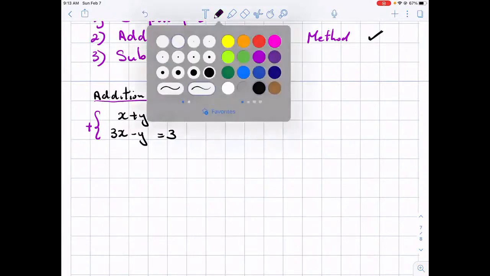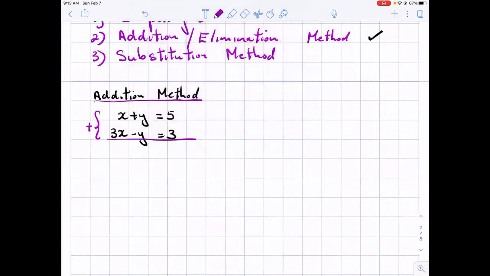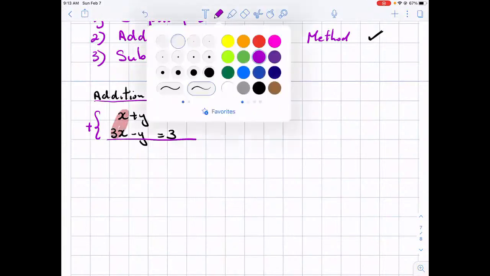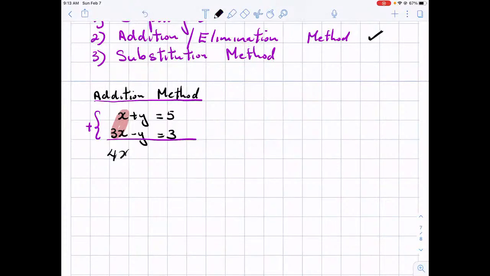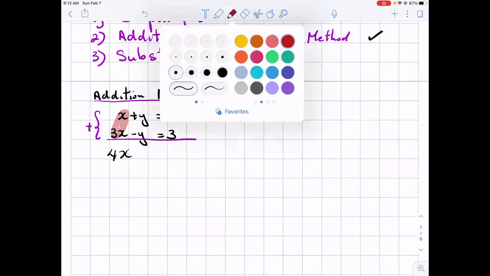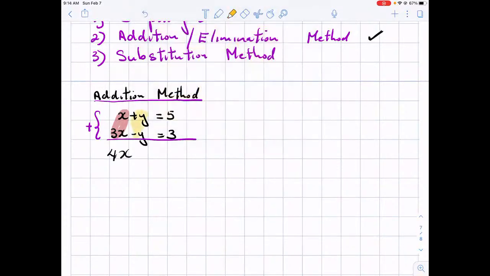So if we actually add these two equations, you will notice that 3x plus x becomes 4x. But plus y and minus y becomes 0, and we say they cancel out.